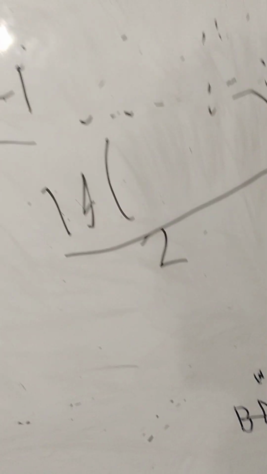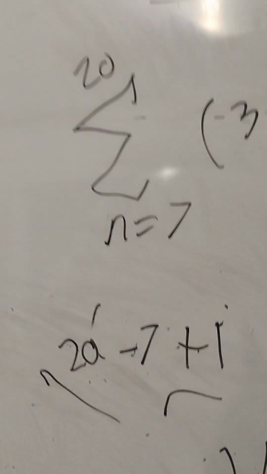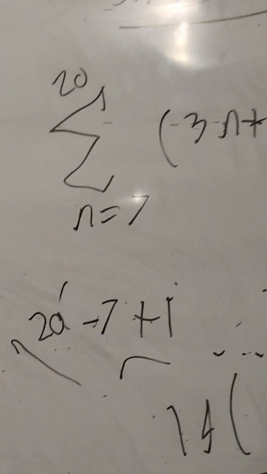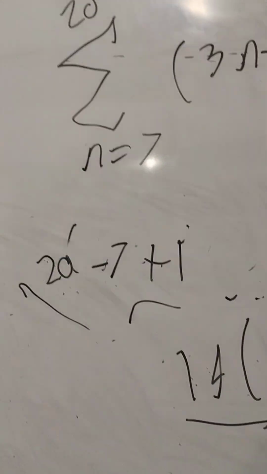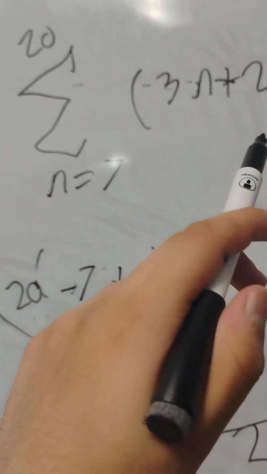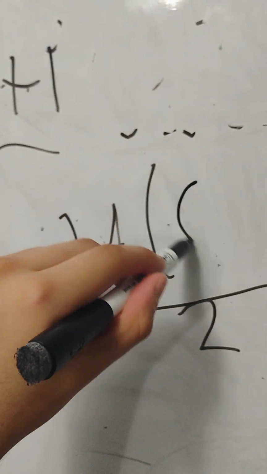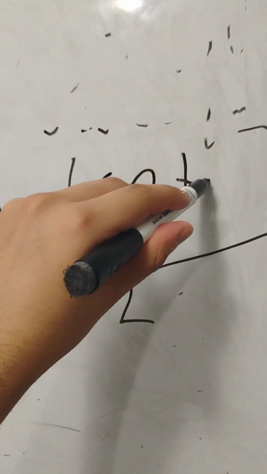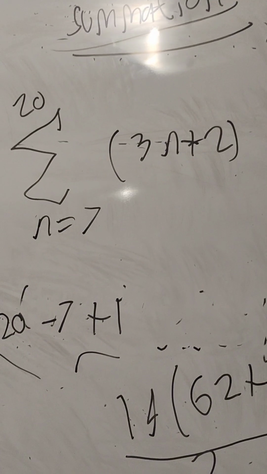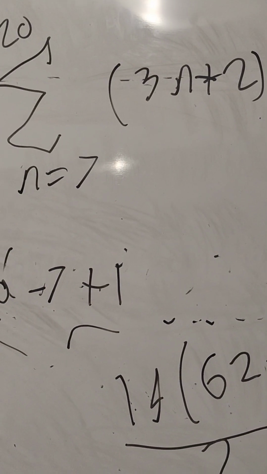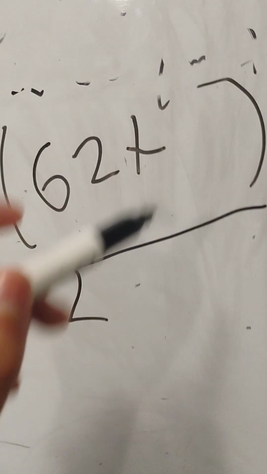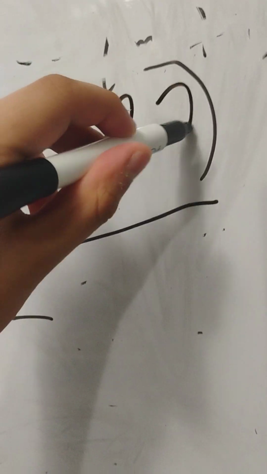And now we can substitute 20 for n. It will be 60 plus 2, which is 62, plus, now we substitute 7 for n, it will be 21 plus 2, which is 23. So now we have 23.